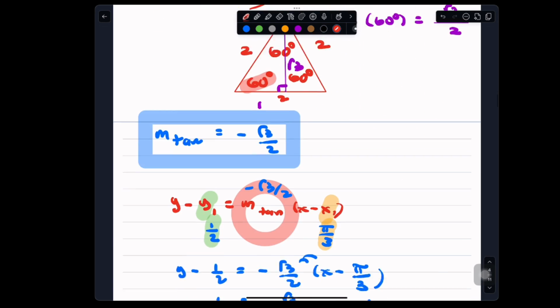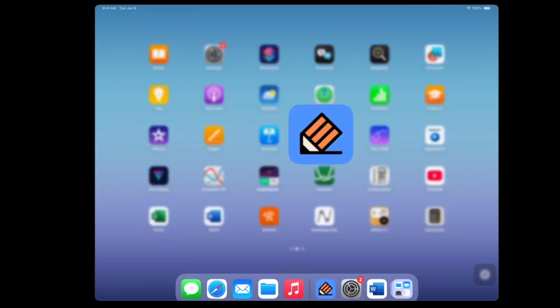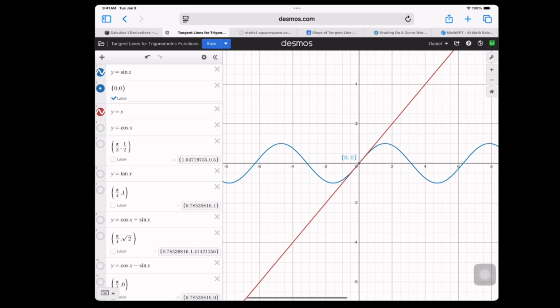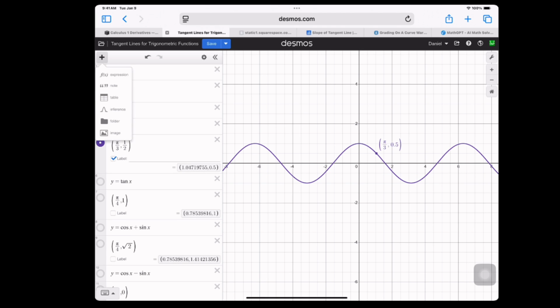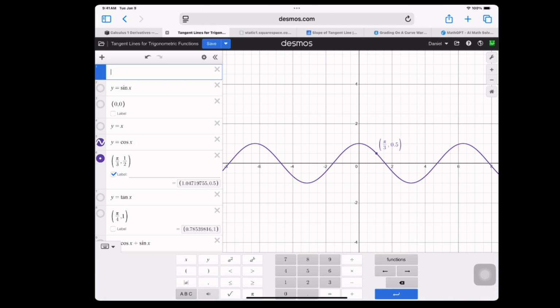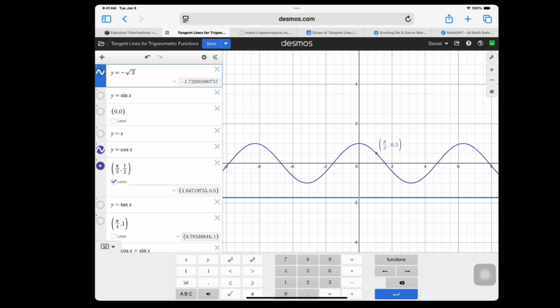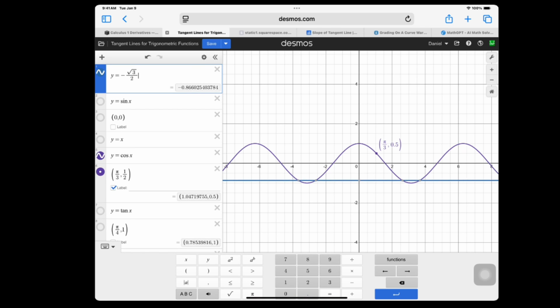And even if I went to Desmos, y equals negative square root of 3, divided by 2. Okay. What was the rest?